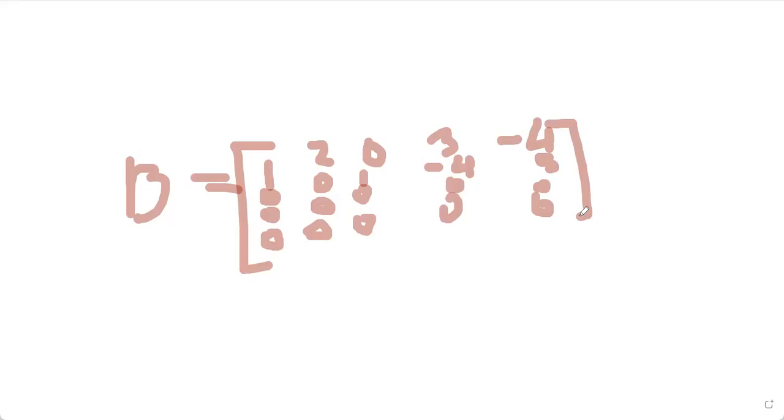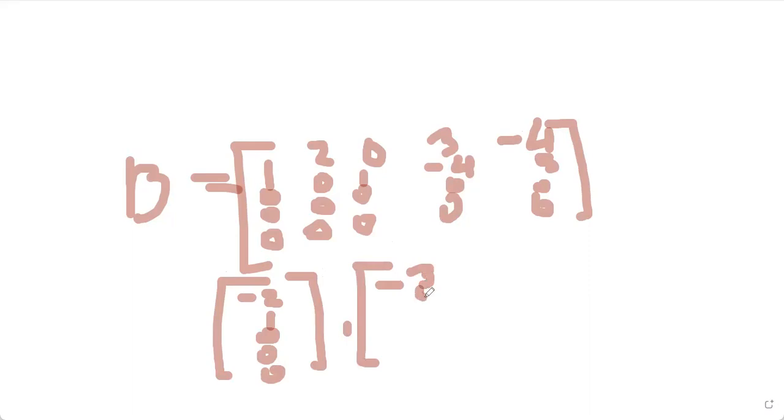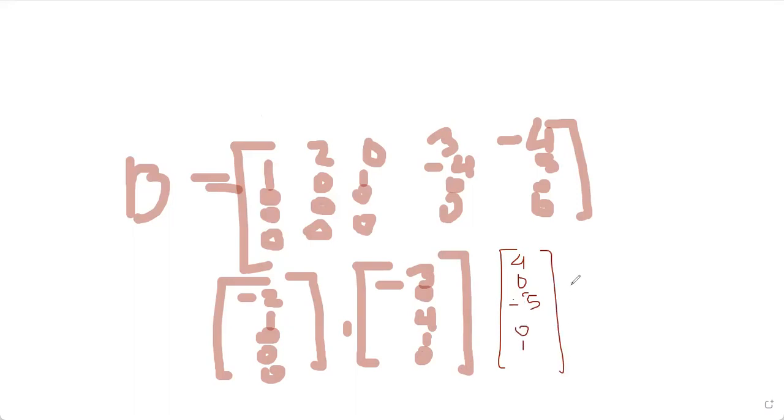So I won't go through the whole process, but basically you end up with -2, 1, 0, 0, 0, comma, -3, 0, 4, 1, 0, comma, 4, 0, -5, 0, 1. This is the kernel.